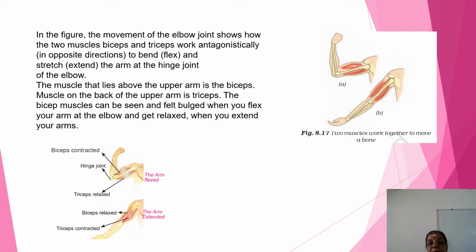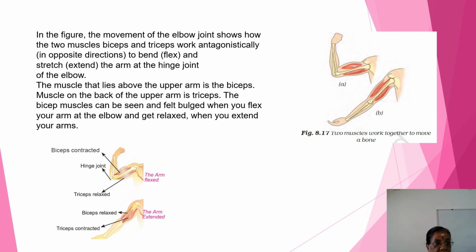The next one, in the given figure, the movement of the elbow joint shows how two muscles, biceps and triceps, work antagonistically, அதாவது in opposite direction. To bend, அதாவது flexible, and stretch, it can extend.